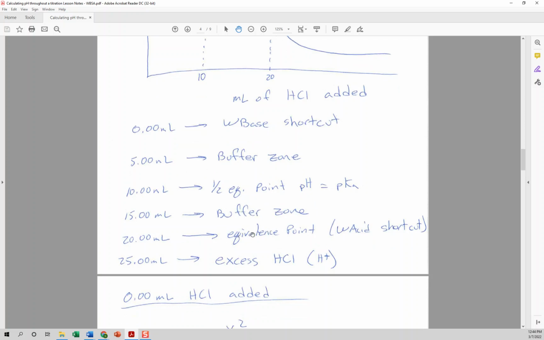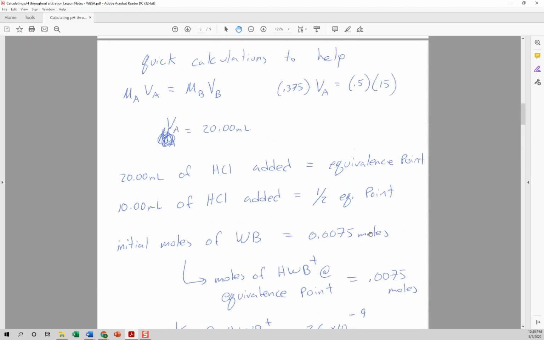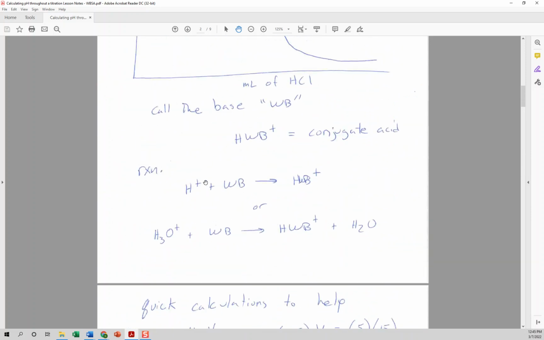At the equivalence point, we turn it into a weak acid shortcut, because the only thing in our flask at the equivalence point, again, let's go back to the reaction, is what's left after the reaction goes to completion. At the equivalence point, moles of WB and moles of hydronium are equal to each other. So once they take each other out, the only thing left is HWB plus.